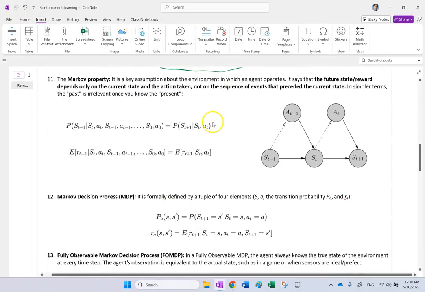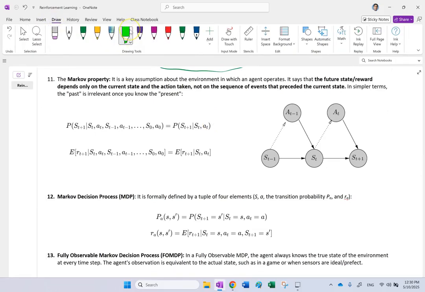Okay, the last few things that we want to talk about is about the Markov property. The Markov property is something very important that is an assumption that is used a lot in reinforcement learning. What is Markov property? If you want to say it in plain English, it says that the future, whether it's a state or reward, only depends on the current state and action.